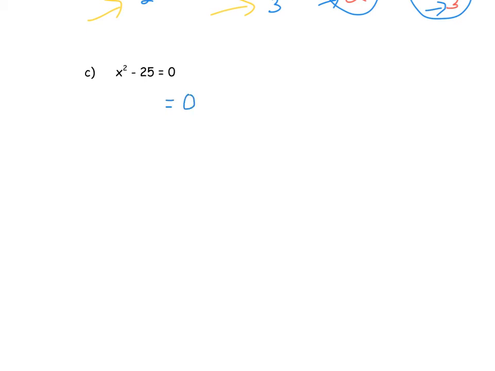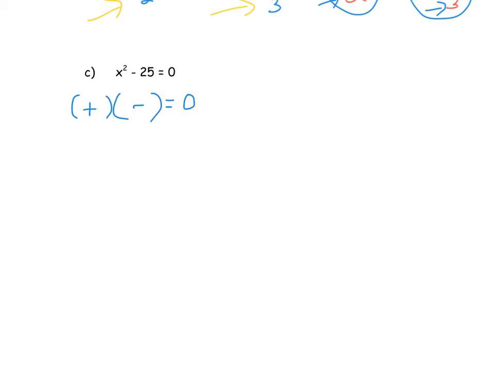All the terms have been moved over to one side, leaving a 0 on the right hand side. When you factor a difference of squares, you always have two brackets, and one of them ends up being a plus, and the other one ends up being a minus. What do I have to do next?